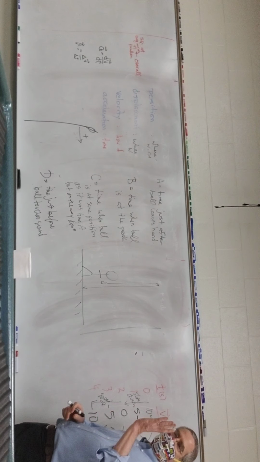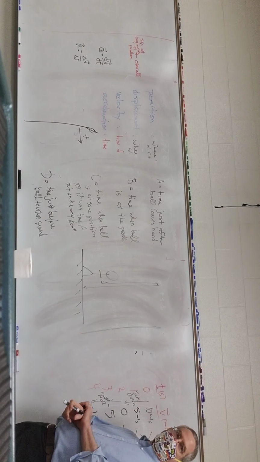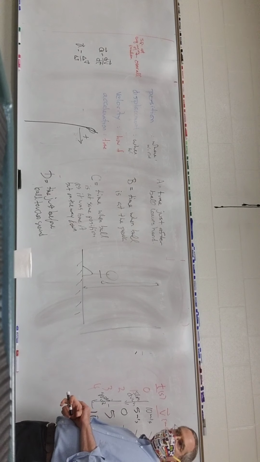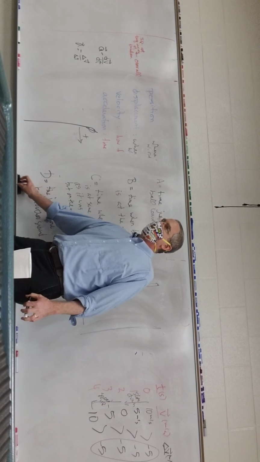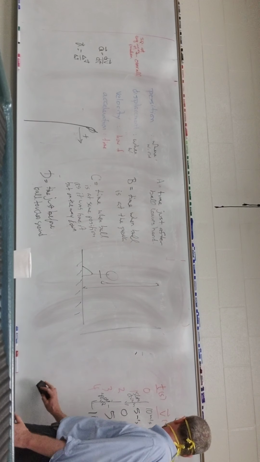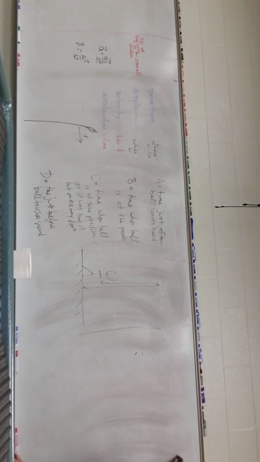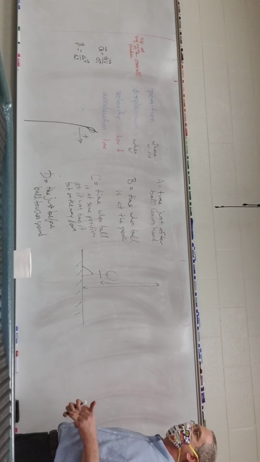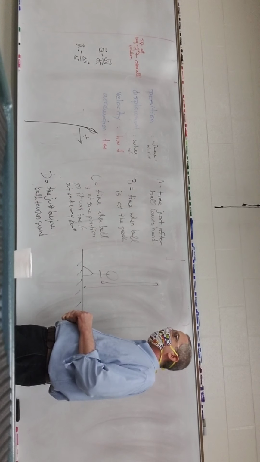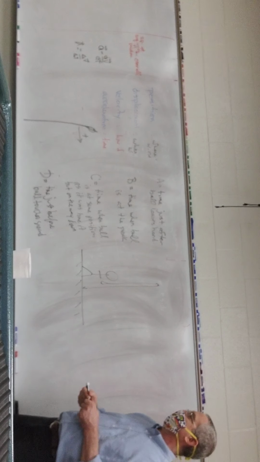I need to do a couple more things before I set you loose. Awesome. So where are we defining the axis for positive position? That's the next thing I need to do.